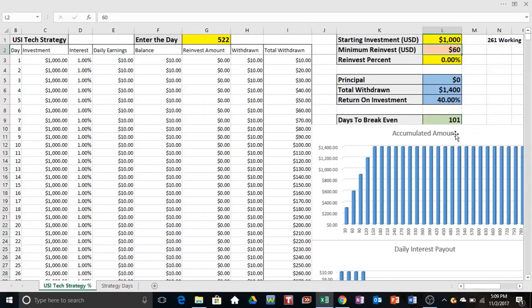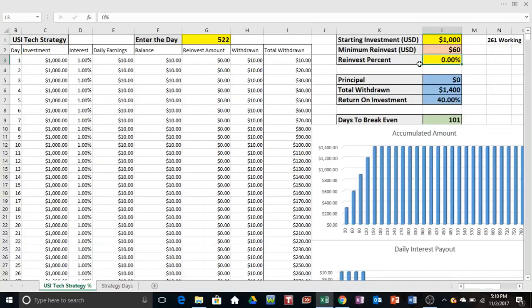Just for ease, I know they sell packages for 50 euros, but I live in the US and I'm used to using US dollars. 50 euros is approximately worth $60 here, so I just put $60 in there as the minimum amount. If that changes, you can change this. Let's say the euro goes down against the dollar and the packages are really only $55. Well, you can change that, but for now, we're just going to leave it at $60.